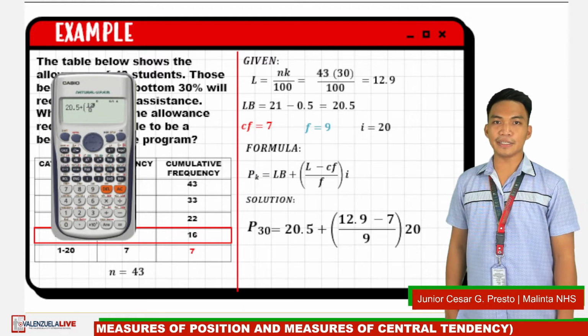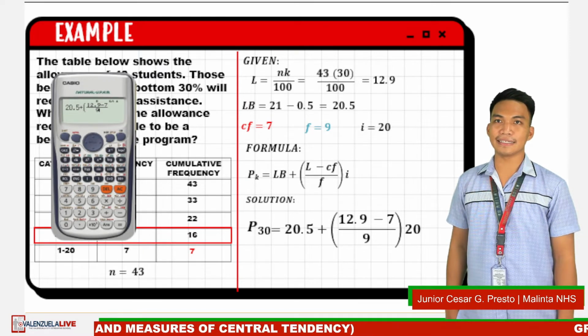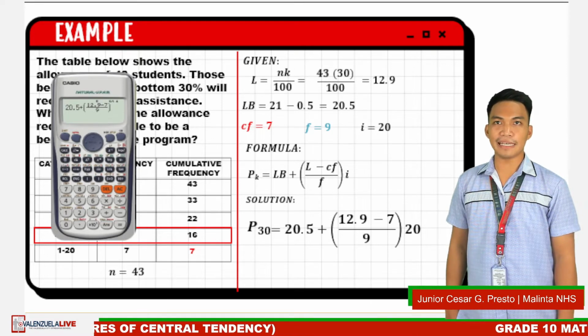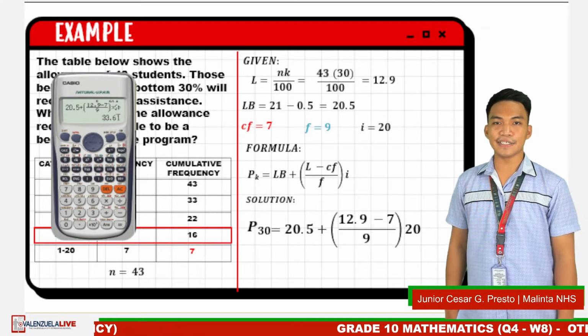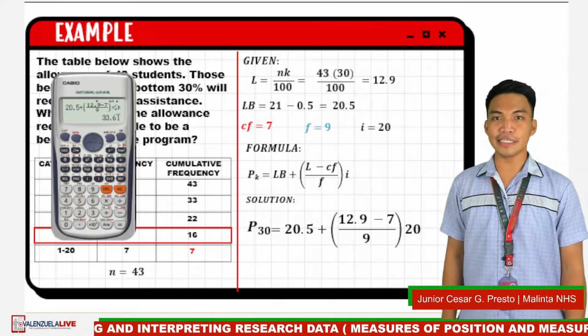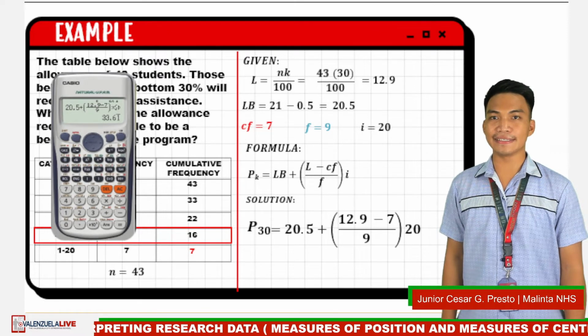On the numerator, input 12.9 minus 7. On the denominator, input 9. Close parenthesis, multiplication symbol, then 20. Convert to decimal, press SD. The answer is 33.61.